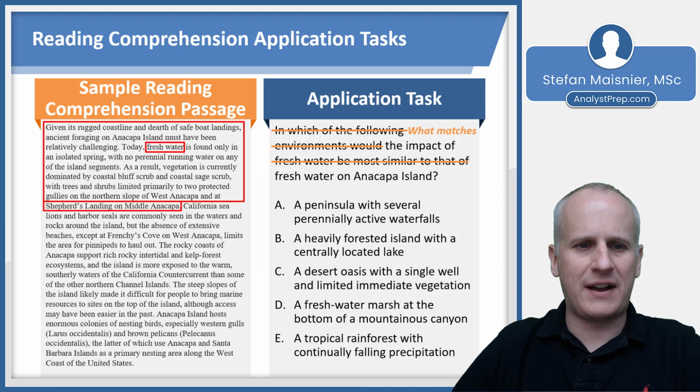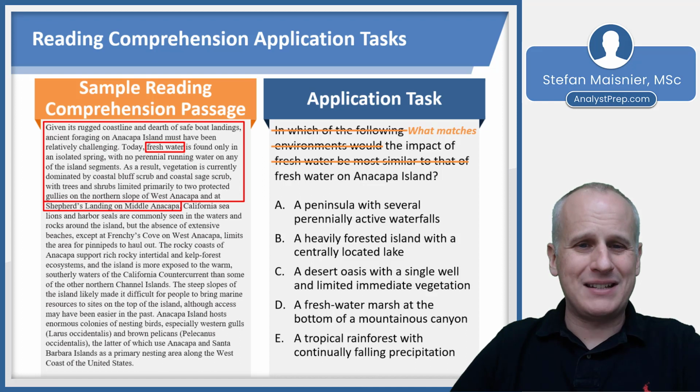Today, fresh water is found only in an isolated spring with no perennial running water on any of the island segments. As a result, vegetation is currently dominated by coastal bluff scrub and coastal sage scrub, with trees and shrubs limited primarily to two protected gullies on the northern slope of West Anacapa and at Shepherd's Landing on Middle Anacapa.